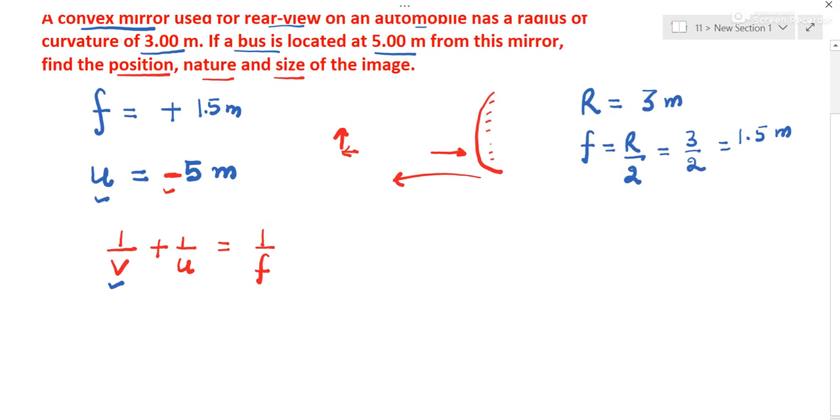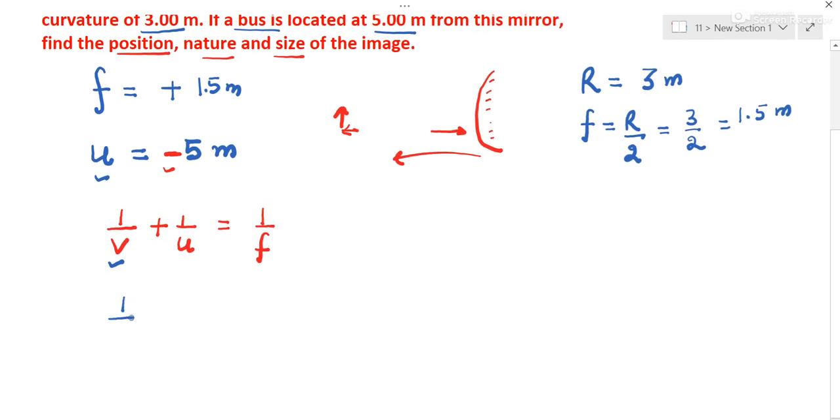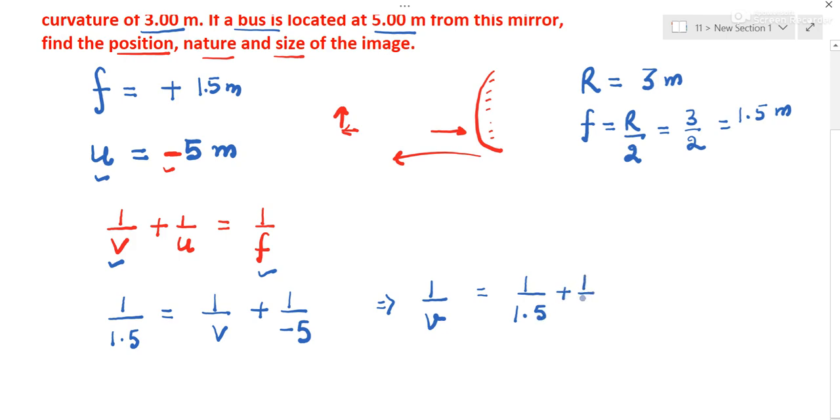Let us substitute 1 by 1.5, that is the focal length, first. Then 1 by v plus 1 by u with sign. So 1 by v will remain here alone, and this minus 1.5 will go to that side. So that is 1 by 1.5 plus 1 by 5.